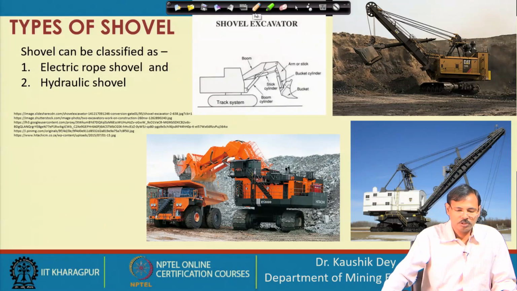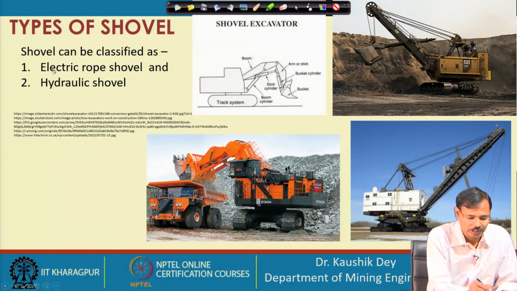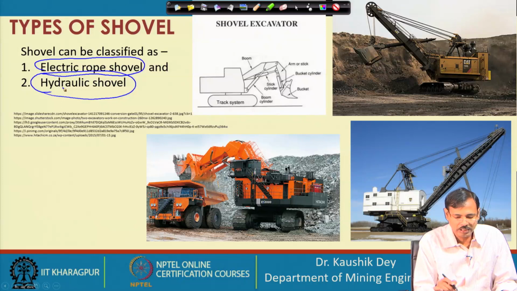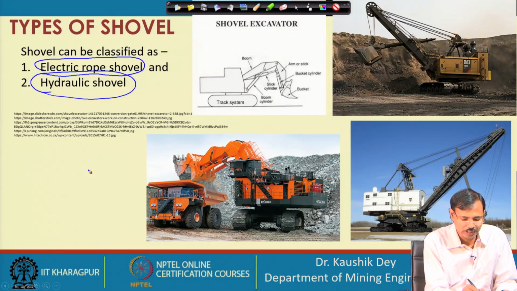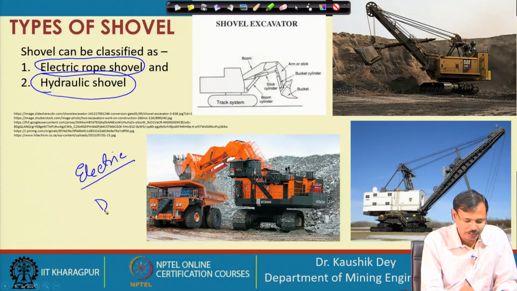Apart from that, because of the motive power, actually not motive power, you can say it is the transmission power, based on the transmission power it is classified in two groups, that is the electric shovel and the hydraulic shovel. In fact, electric and diesel are the motive powers used.